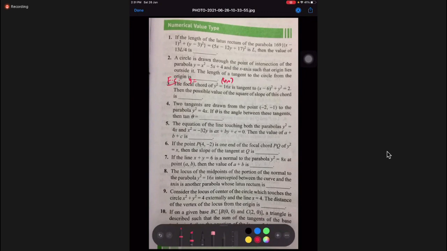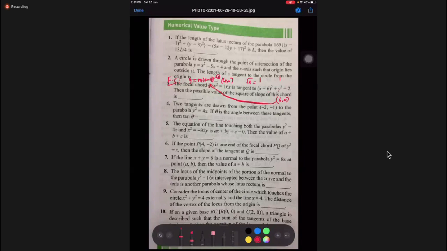Then what is the focal chord? y minus y1 equal to m into x minus 4 is the focal chord, now, students. This is tangent to the circle. When this is tangent to the circle, r equal to d, right? So root 2 equal to d. d is nothing but the distance from the center 6, comma 0 to the line.